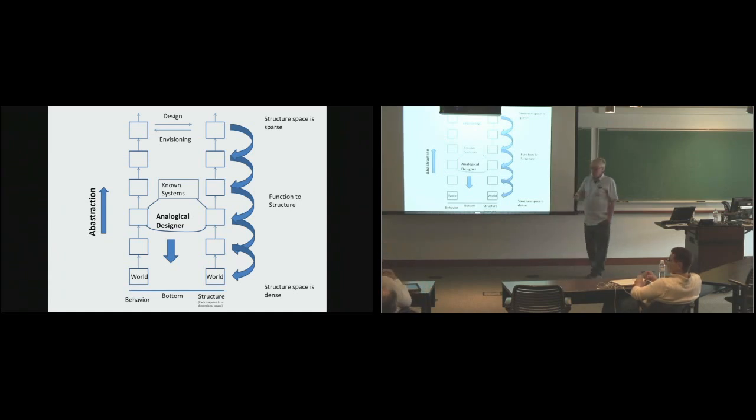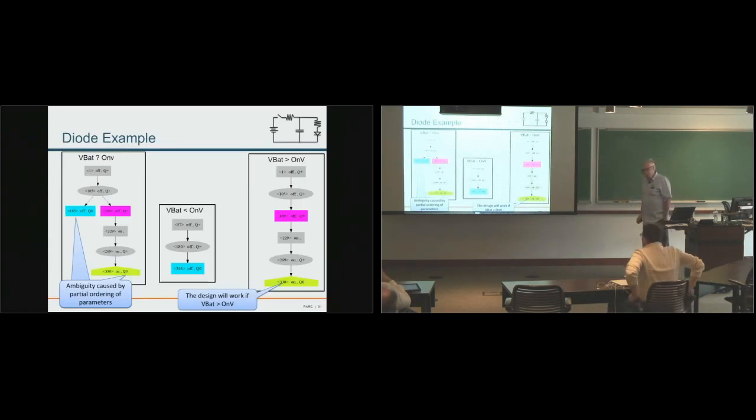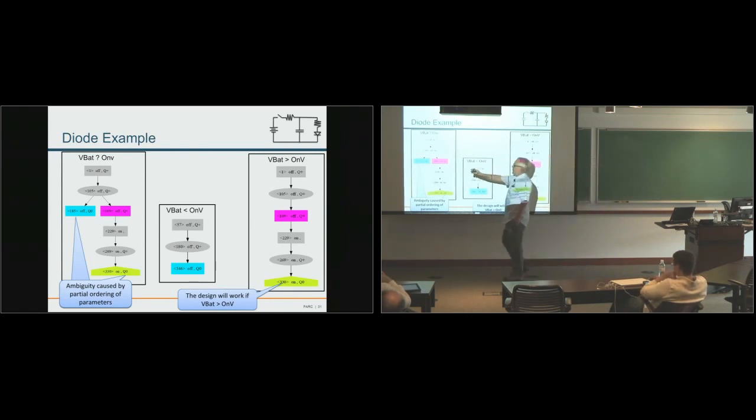So here is again where qualitative reasoning comes to the rescue. This is the circuit, the same circuit I showed earlier, this time in the US symbols. This is the envisionment for it. What you discovered is that in this envisionment there was an ambiguity generated here.